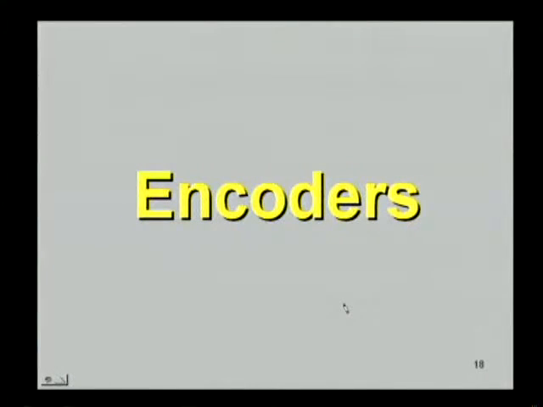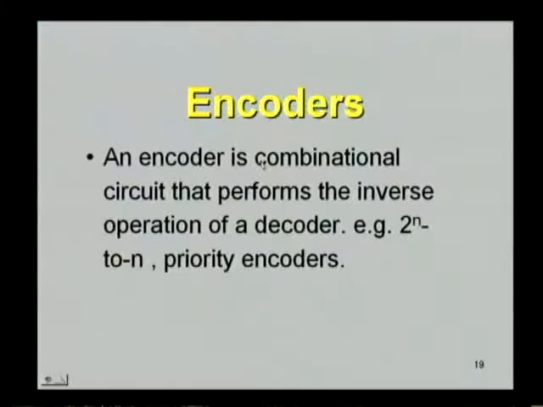Next, so far we have seen decoders, the 2 to 4 decoder and the 3 to 8 decoder. Now we see encoders. An encoder is a combinational circuit that acts as the inverse of a decoder and performs the inverse operation.